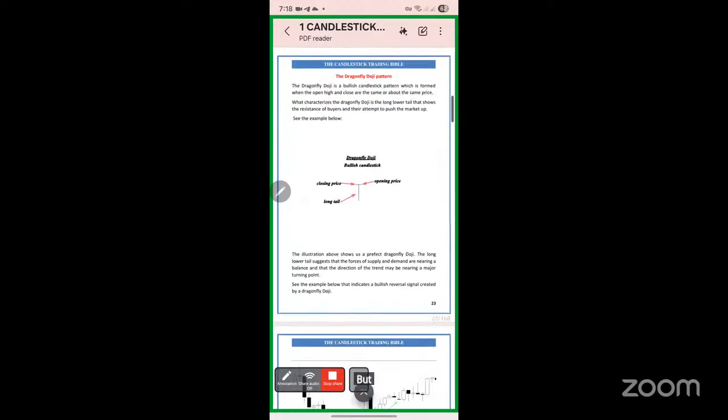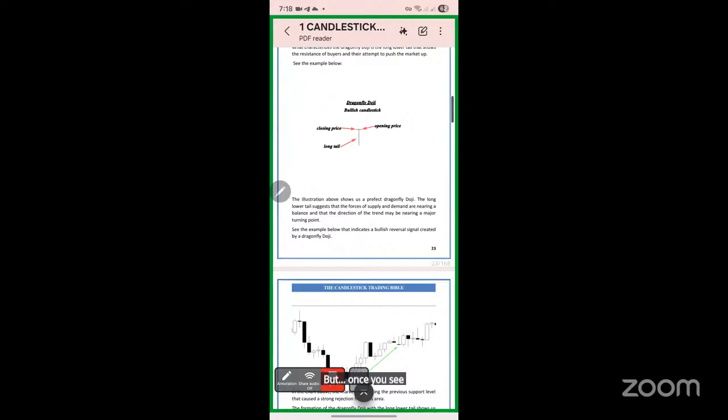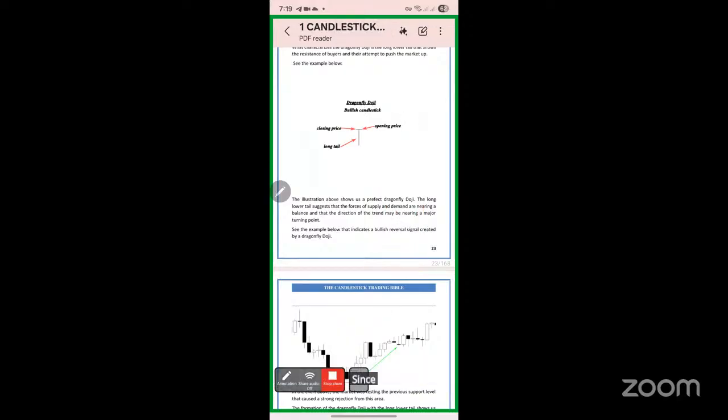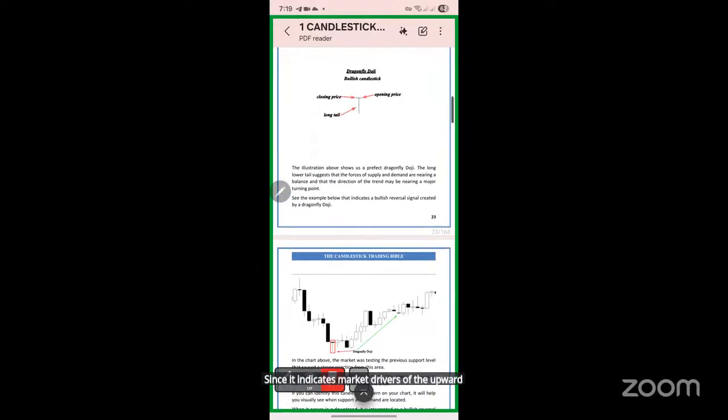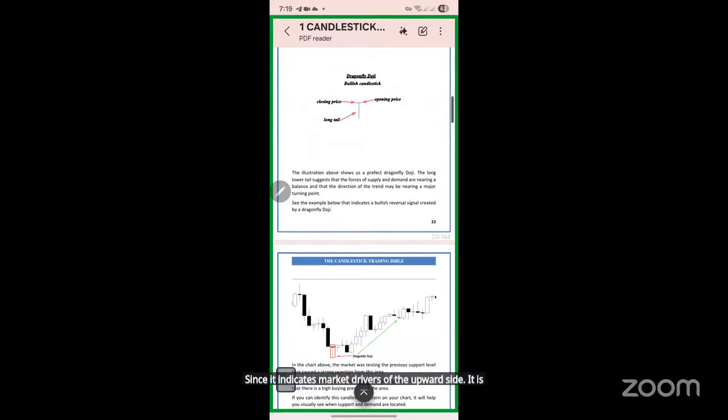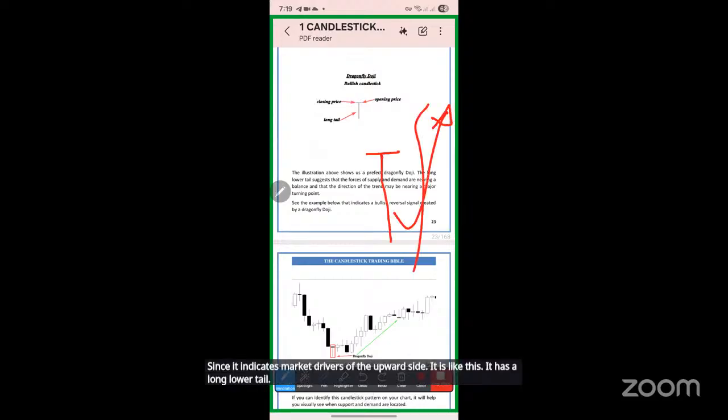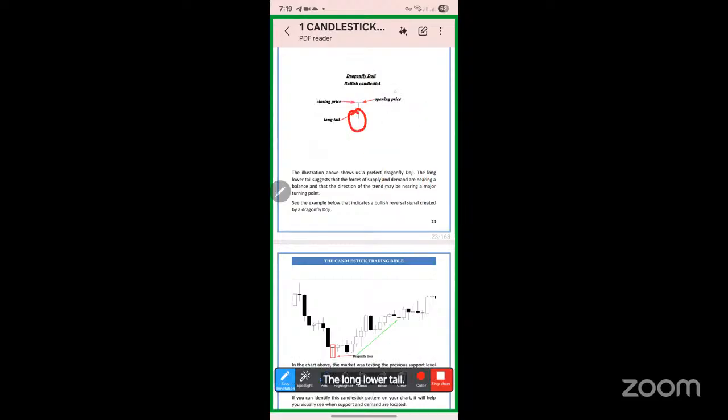But once you see a dragonfly, once you see this one here, this is a dragonfly doji. It indicates market reversal to the upward side. It shows that the market is going to move upwards. It has a long lower tail, and the opening price and the closing price are always the same.